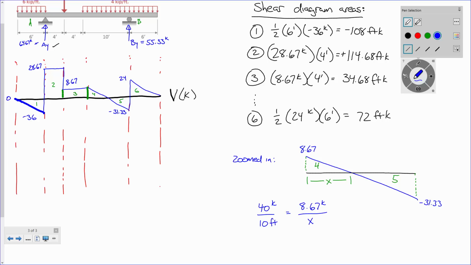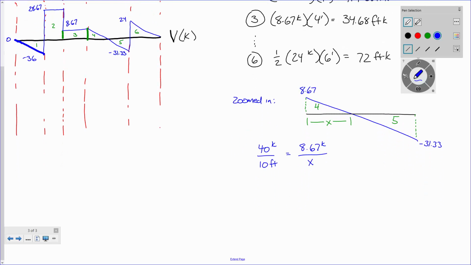So if I drag that down a little bit, 40 kips times x equals, here I can do that in my head, 86.7 foot-kips.